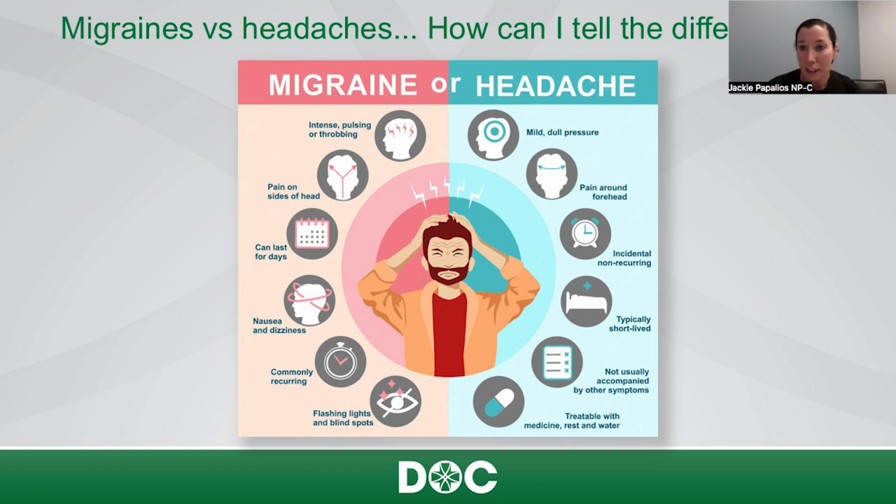They do have associated symptoms, typically nausea, dizziness. They can have auras. So you might notice prior to a migraine that you might have some visual auras, like a light, blind spots or flashing or something like that. That's what an aura is. We'll talk about that a little bit more. And these are commonly reoccurring.